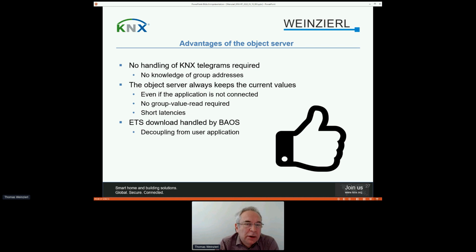After startup, it's not required to send a group value read to the bus or to the RF network. You just ask the module what the current state of the value is. This also gives you short latencies in the system.